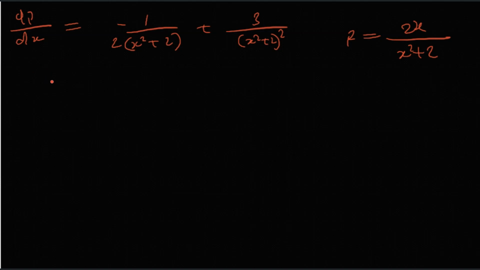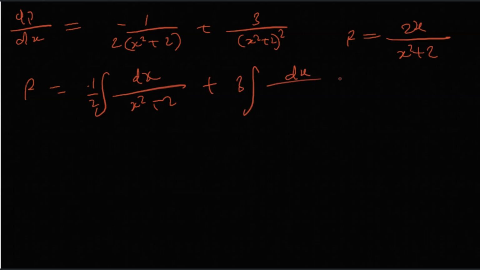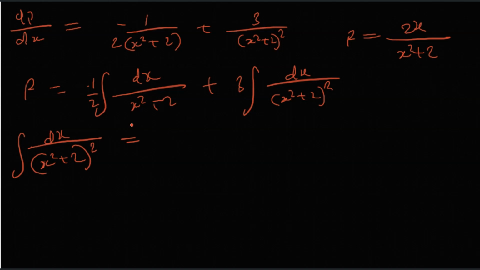Now how do we find the integral we need? If you integrate both sides, you get that p is equal to negative 1 over 2 times the integral of dx all divided by x squared plus 2, plus 3 times the integral of dx all divided by x squared plus 2 all squared. Notice that this is the integral we need. So therefore the integral of dx over x squared plus 2 all squared is equal to p.